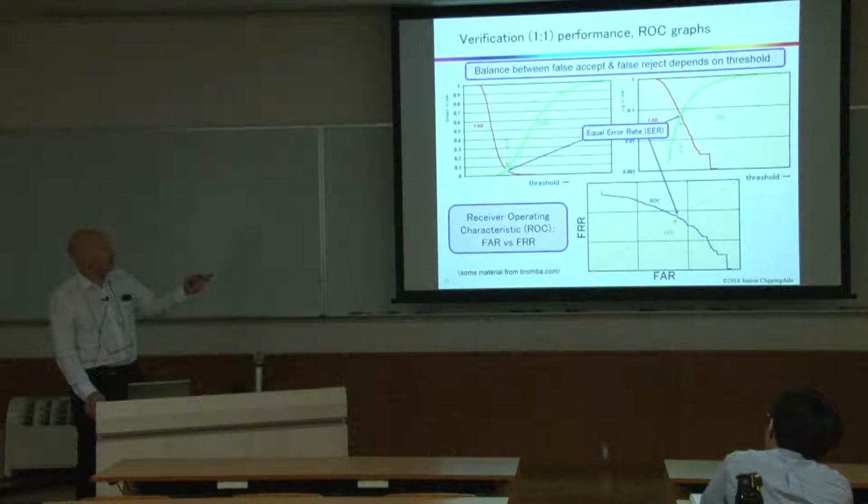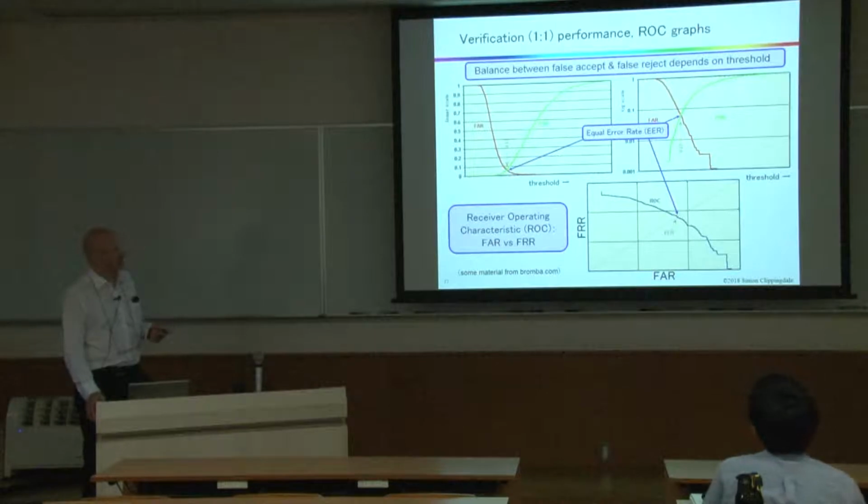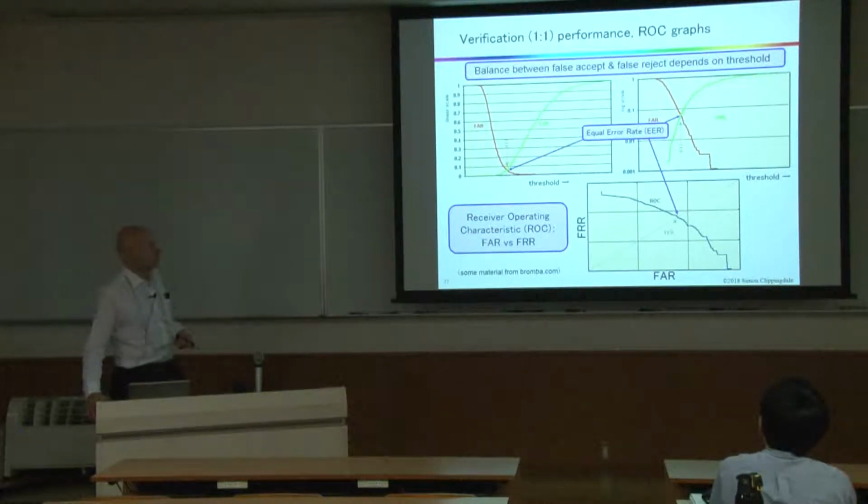Where they cross is a thing called the equal error rate, for obvious reasons, and that tends to be used to characterize, to describe how good face verification systems are. If you plot false accept and false reject rates against each other, you get a thing called receiver operating characteristic.